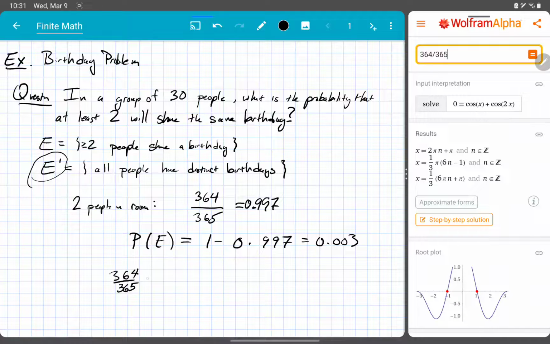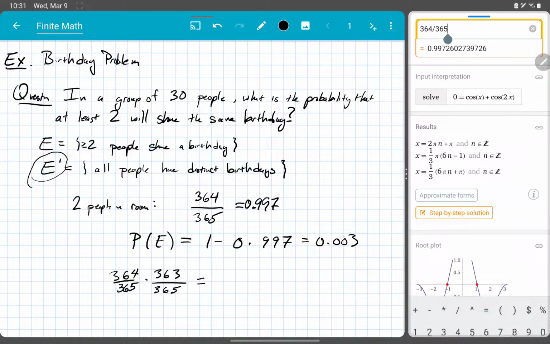That would be 363 ways. Right? Because they can't have the first person's birthday and they can't have the second person's birthday, and we're assuming that those two birthdays are distinct. How many total birthdays could the third person have? That would be 365. So this probability is going to be 364 times 363.